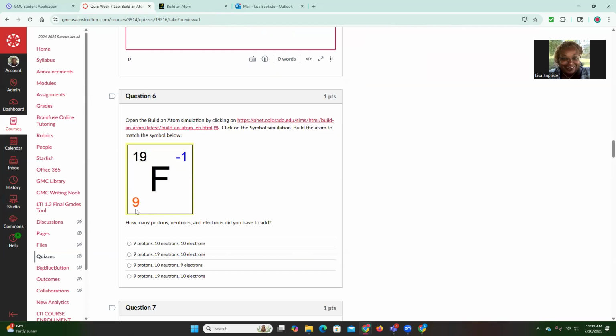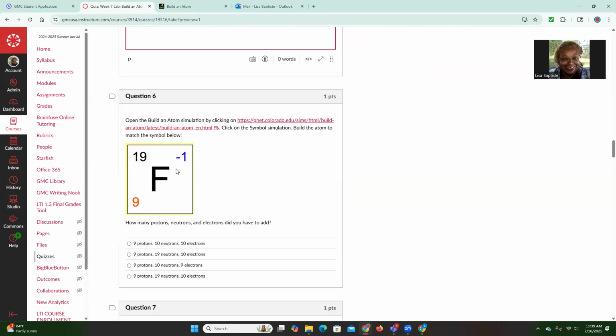If there is a charge here and it's negative, you add that number to the number of protons, which gives you the number of electrons. If it's positive, you subtract from the protons. If it is neutral or 0, then the protons and electrons are the same.